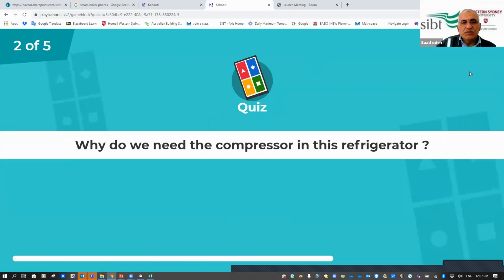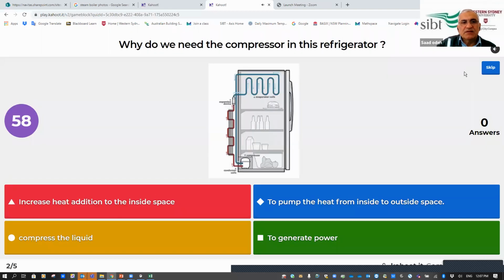Second, what do we need the compressor in? Why do we need the compressor in this region? Just be careful, read it carefully, because the idea of the compressor is to pump heat from one side to the other side. So we are taking heat from this side and moving it to the outside.